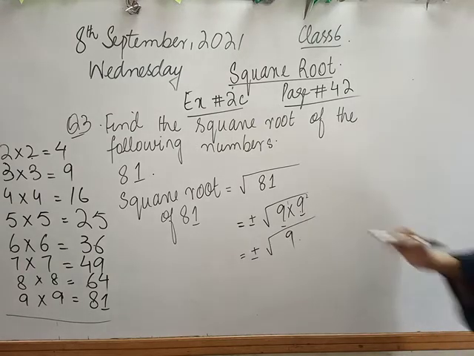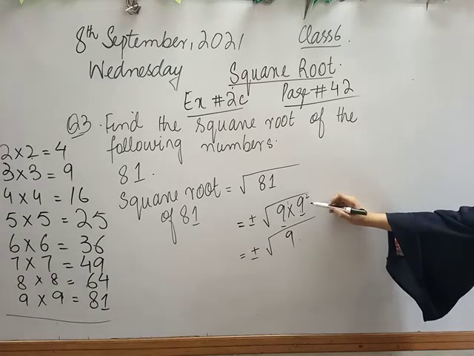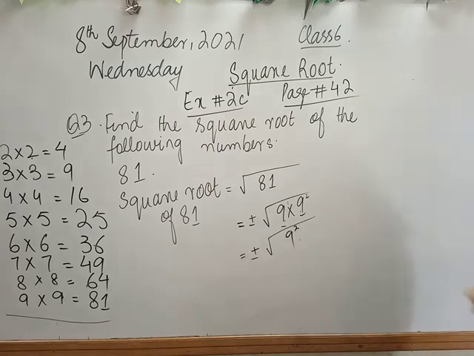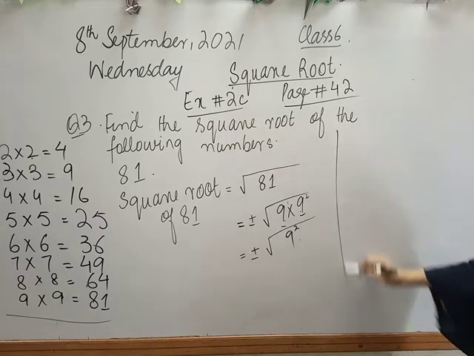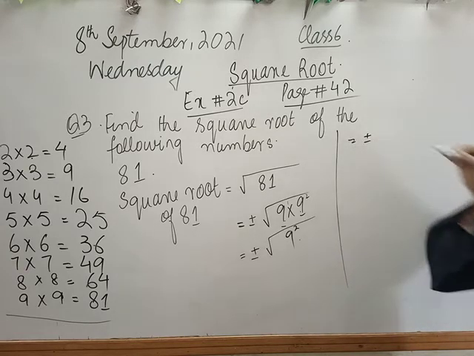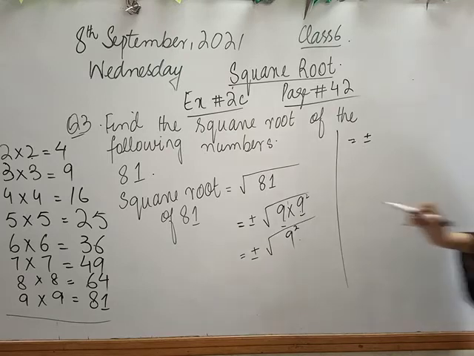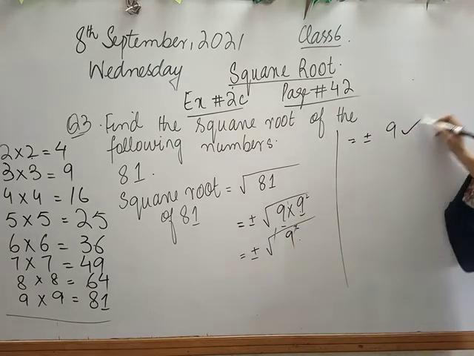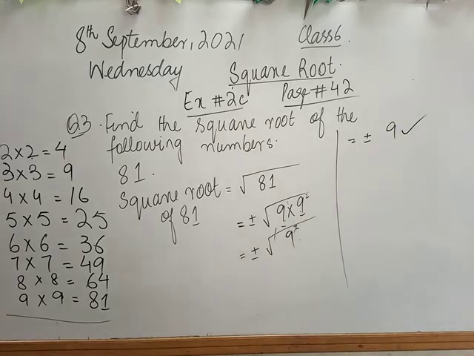So when the number is repeating 2 or more times, we will simply write it in power form like this. Okay? In next step, we will write plus minus as it is. This square will be cut by this root, and in the end we have plus minus 9.